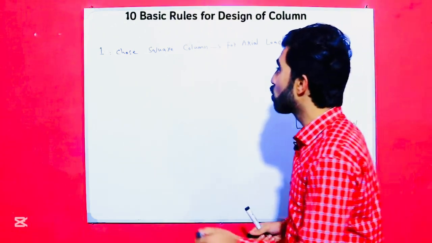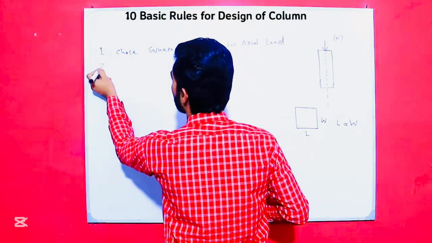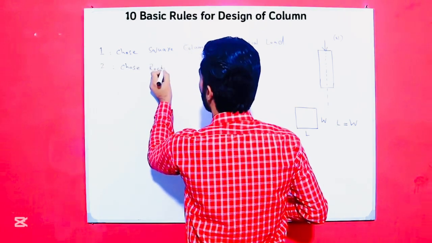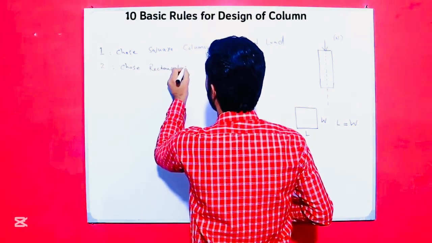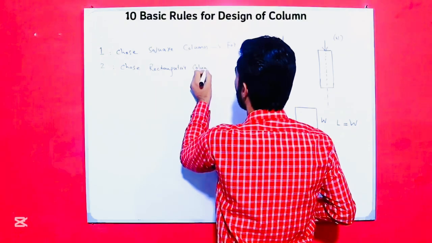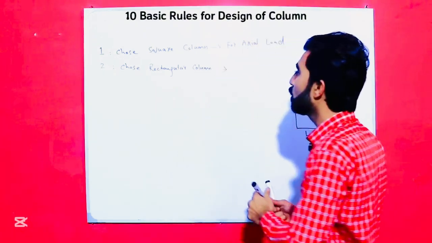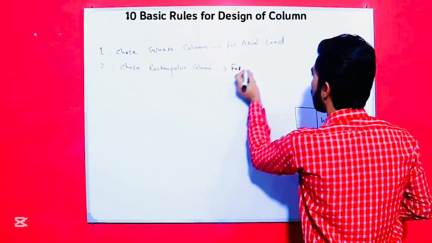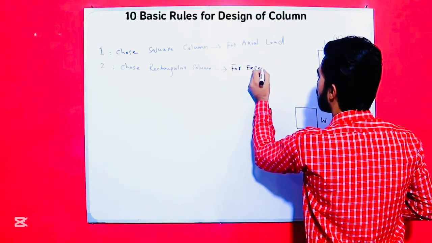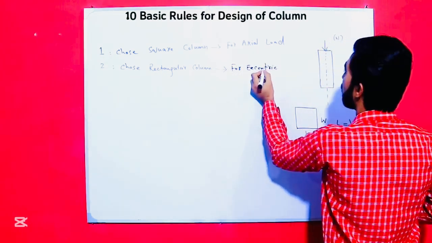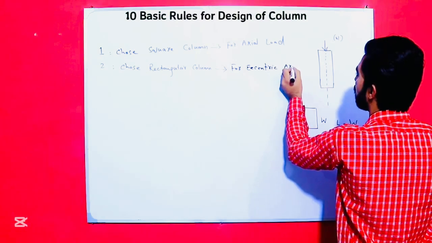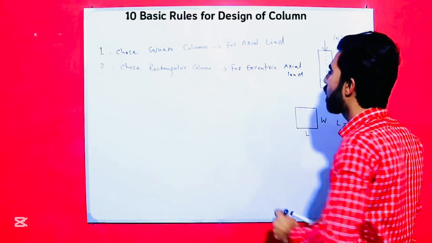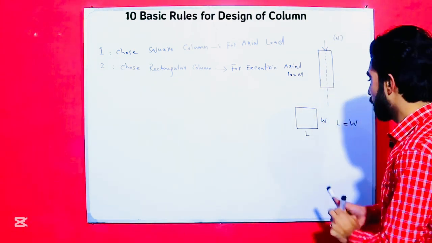Now guys, the second rule is, choose a rectangular column, in which case? For eccentric axial load. How?